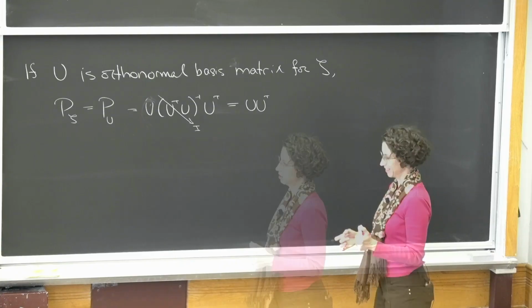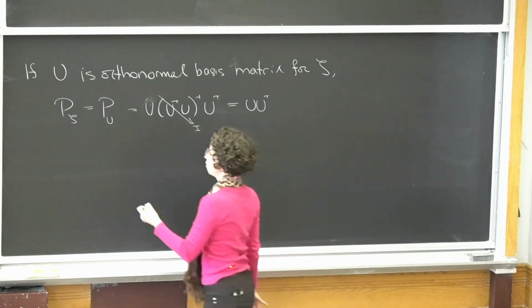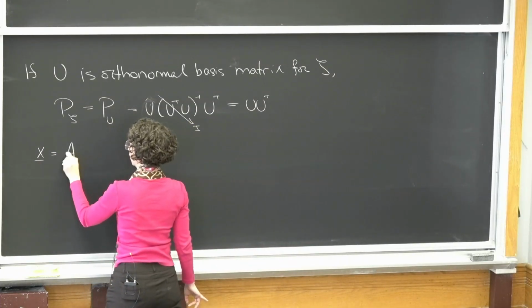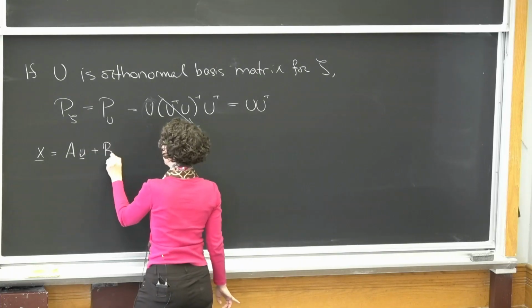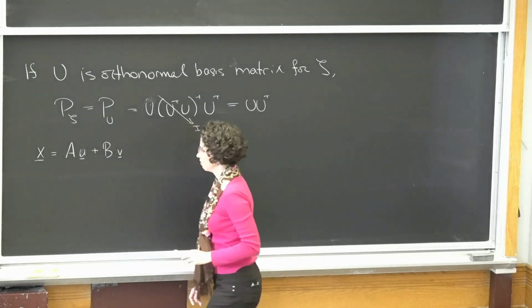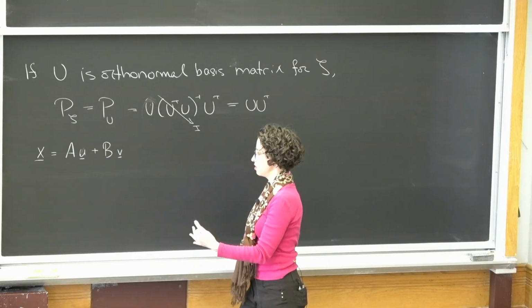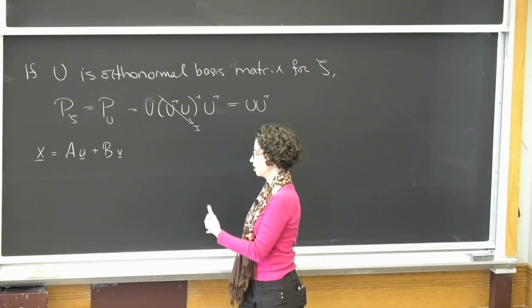I think I understand what you're saying. So before we wrote that any x can be written as a times some vector u plus b times some vector v. So we can write a point x as its component in the subspace plus its component outside the subspace.